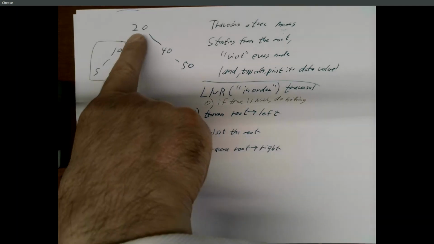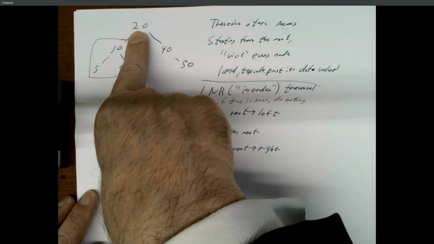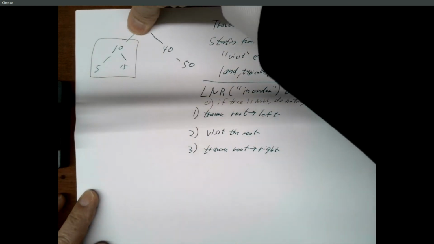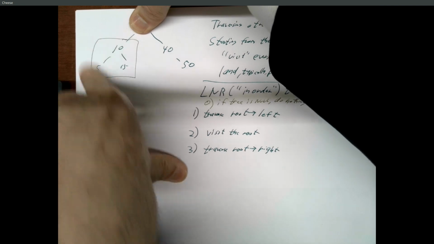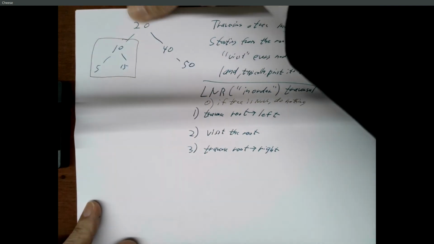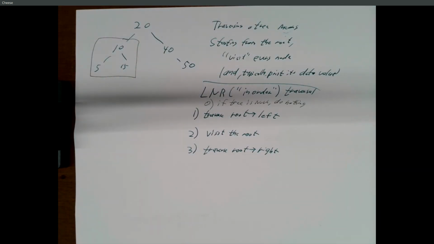It could be at the root, which is easy to check. Right, if tree arrow data equals number, we're done. If it's not at the root, it could be in this left subtree, or it could be in the right subtree. If it's not the root and it's not in one of those subtrees, we know it's not in the tree, right? So what does that look like if we write it up?